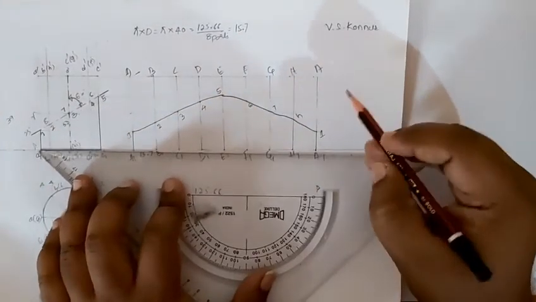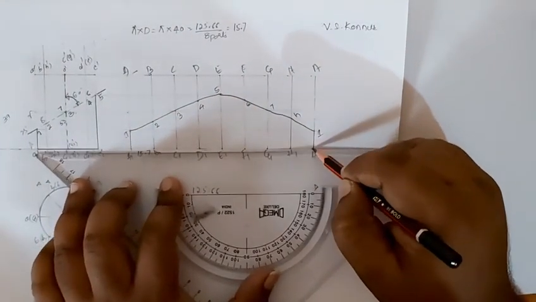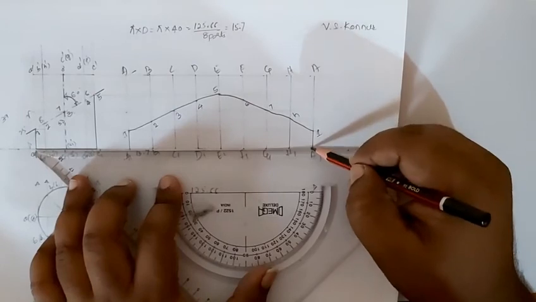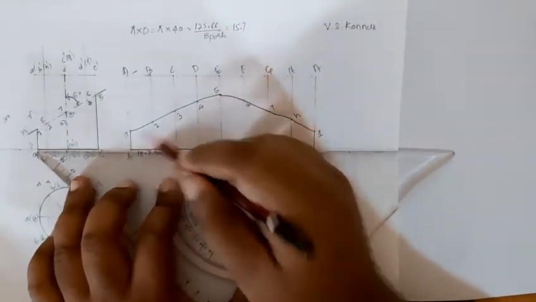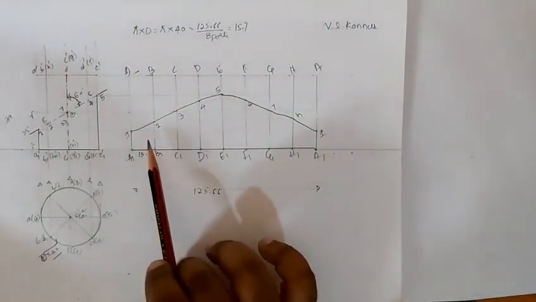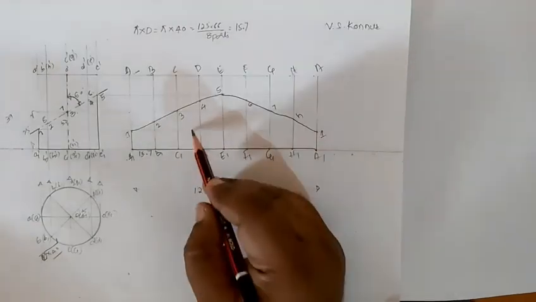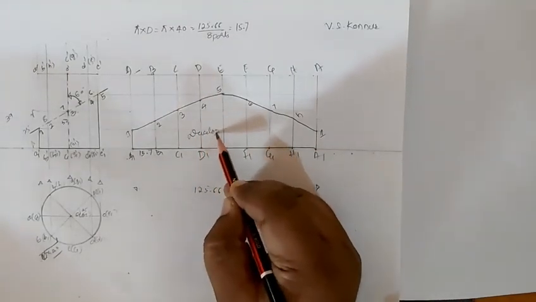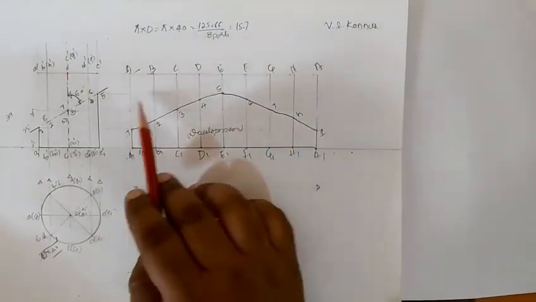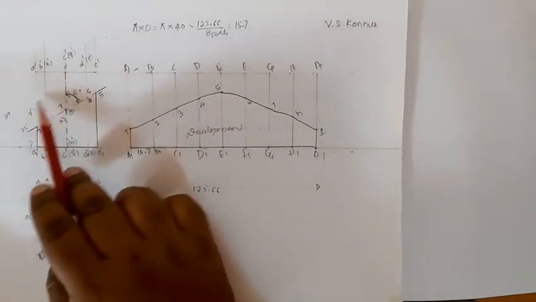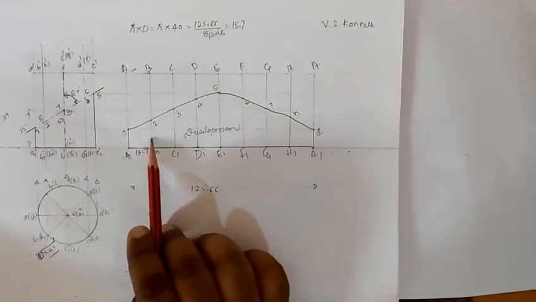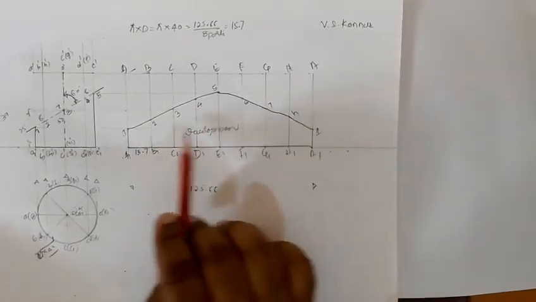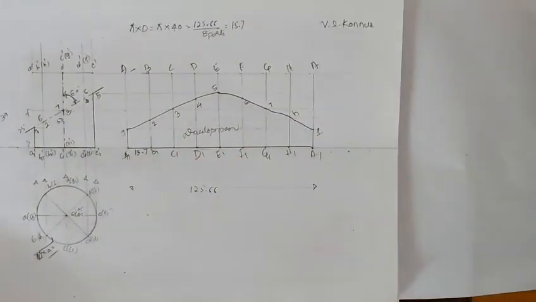Only border lines, no other lines, because these lines are construction lines and this is the development. So this part will be removed from the cylinder. Only this part is written. Don't make these lines dark in the cylinder, because in the cylinder we will not get any edges.